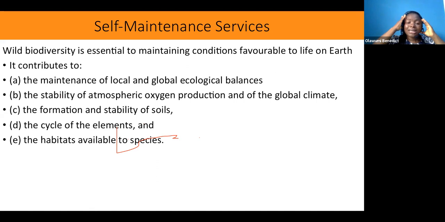Then the habitats available to species, because different species now can thrive in our farms, even though we are having, for example, avocado alone on our farm. But when we create these different patches, it changes our ecosystem, because then we are not doing monoculture anymore, because we can have different trees at different areas, even though we have just papaya and avocado planted on our farm.